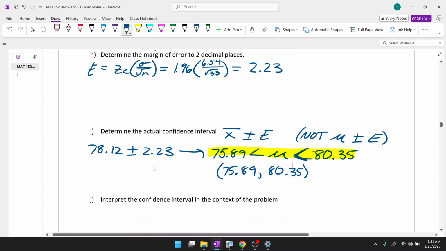And then to interpret the confidence interval, it's kind of like a hypothesis test.